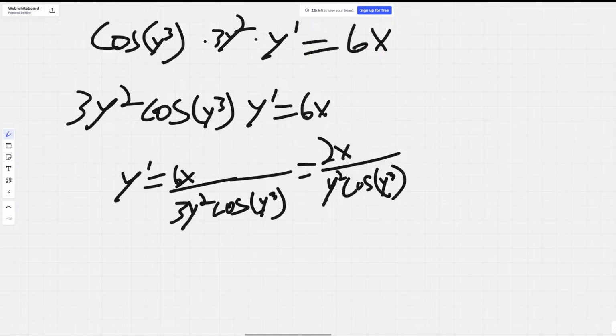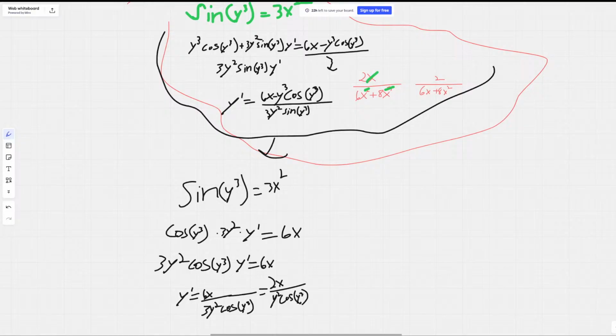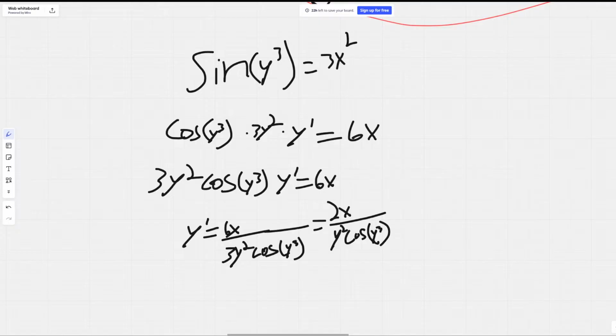Well, I will now go back and fix this. This is 15. Fix what I wrote down on my papers. I need this notebook.